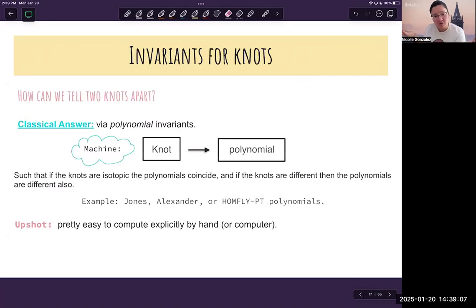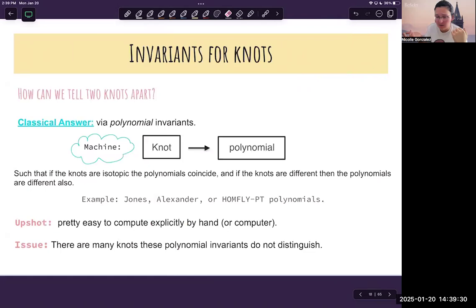What's the upshot of these kind of classical polynomial invariants? Well, that they're actually pretty easy to compute, at least on an example basis, right? So if I give you a very specific knot, here's the picture of it, compute it by hand or with a computer, you can do it fairly easily. It's not necessarily the most effective computation, but you can do it, and we'll do it on the next page.